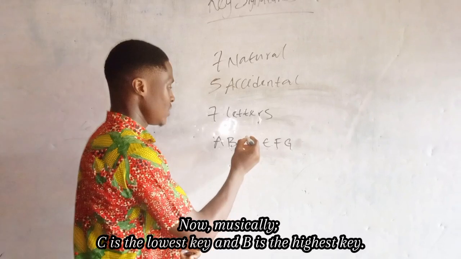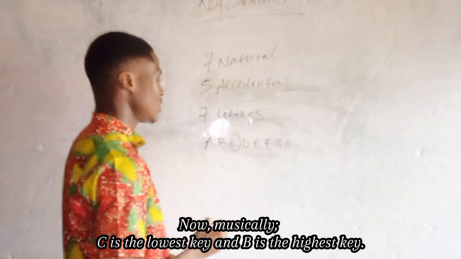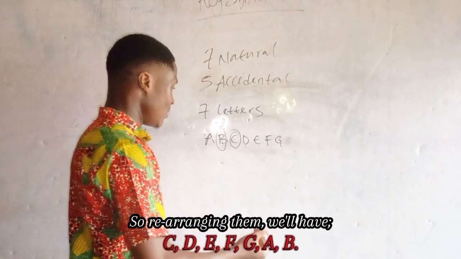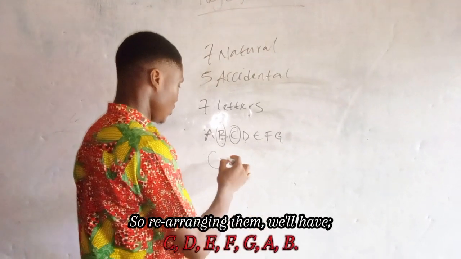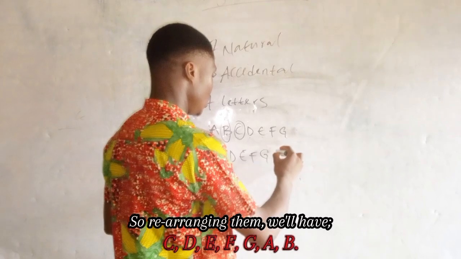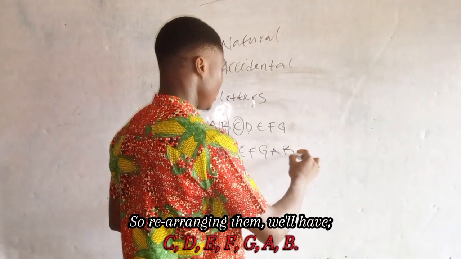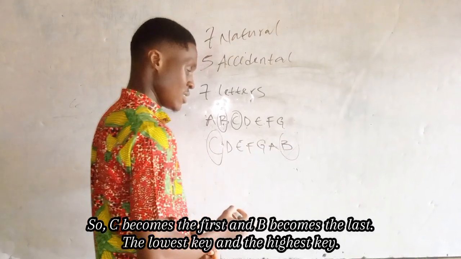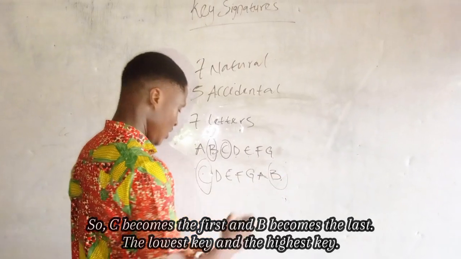Now, musically, C is the lowest key and B is the highest key. So, we are arranging them: C, D, E, F, G, A, and B. So C becomes the first and B becomes the last, the lowest key and the highest key.